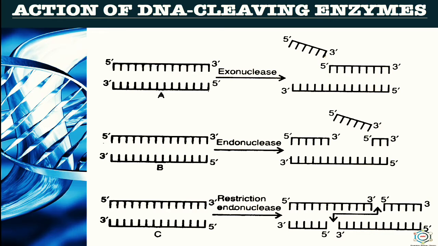These single-stranded free ends are called sticky ends because they can join similar complementary ends of DNA fragments from some other source. So this is the action of DNA cleaving enzymes: exonuclease at the terminal, endonucleases at any point except terminal, and restriction endonucleases cleaving the DNA duplex at a specific point.